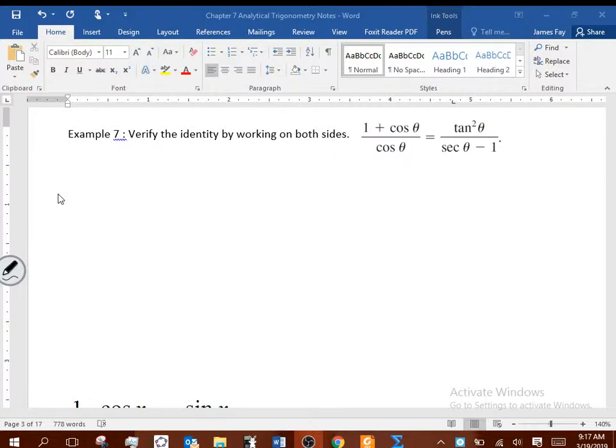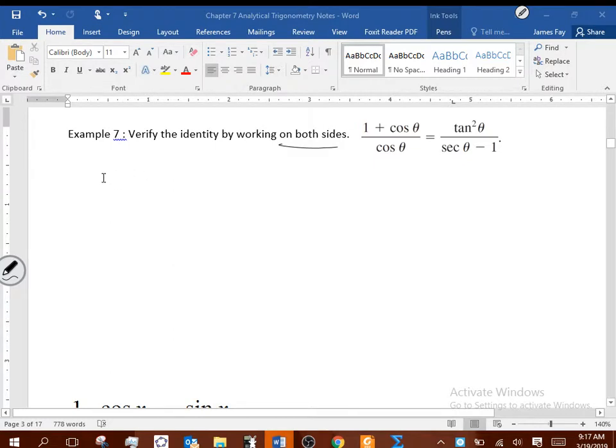I think it's best to develop a proficiency with both your algebra and your identities, because that's going to allow you to be the most efficient with these problems. So let's take this one and show how we can work with both sides to arrive at a verification of a proof.